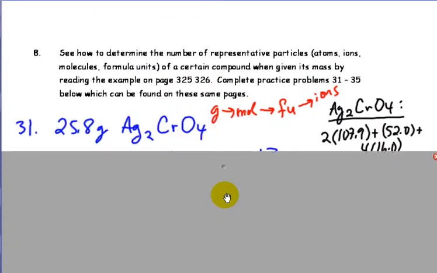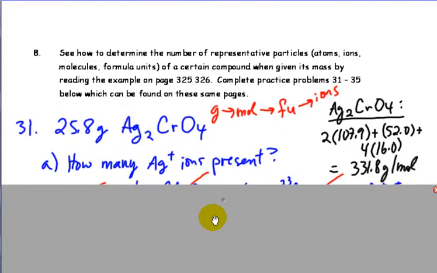So questions 31 to 35 on pages 325 to 326, I believe. 25 grams of Ag2CrO4, how many silver ions are present? Ag2CrO4 has 2 silvers there. First of all, we need to go from grams to moles.